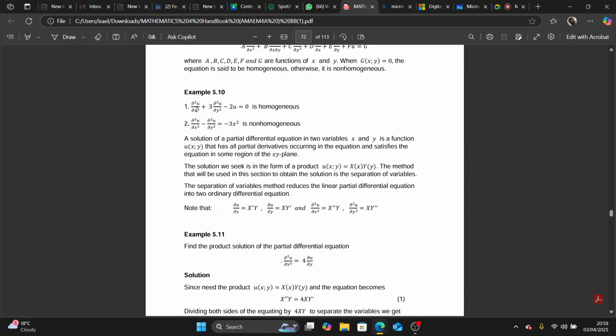Here is one example. If you have this type of function equal to 0, your equation is homogeneous. If your function is equal to a certain function f of x, it's non-homogeneous. Are you with me, manager?